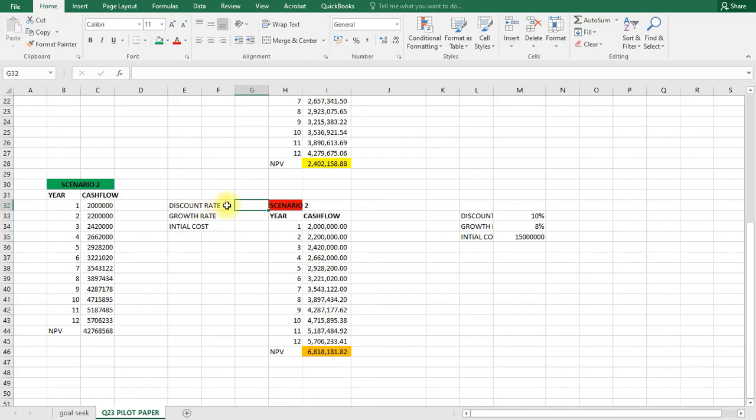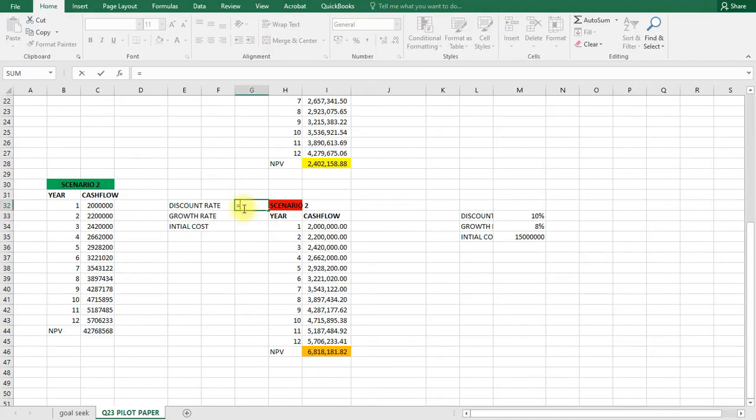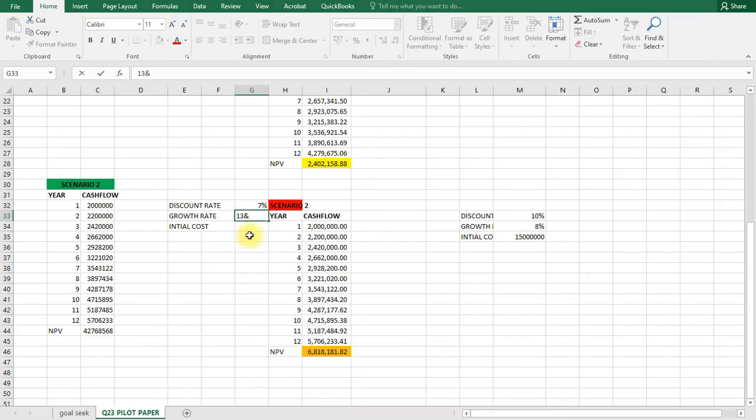So our growth rate, in this question we have for scenario 3 a growth rate of 7 and discount of 13, 7% growth rate and 13% discount, and our initial cost is 20 million in this case. 23, yeah, that way.